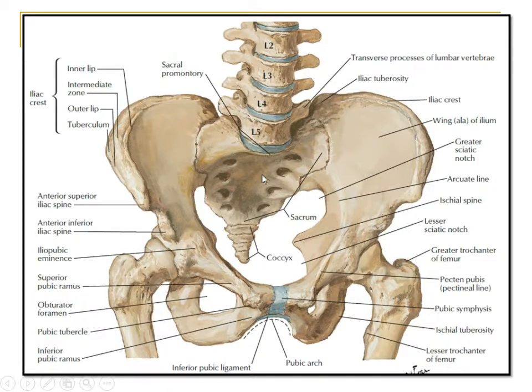The sacrum and coccyx vertebra are articulated with one another and with the ilium of the hip bone, and anteriorly the hip bones are articulated with one another at a joint known as pubic symphysis. This pubic symphysis is a symphysis type of joint, a secondary cartilaginous type of joint, and it allows a minimum amount of movement during parturition.